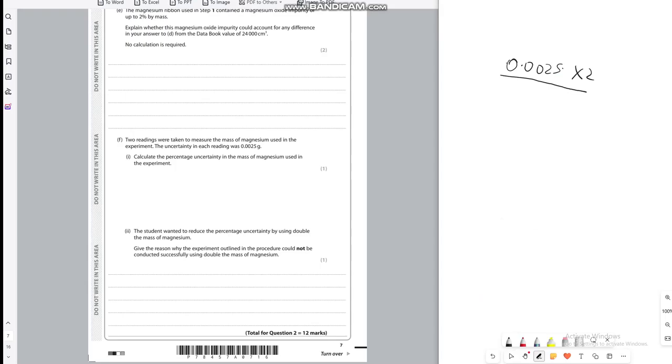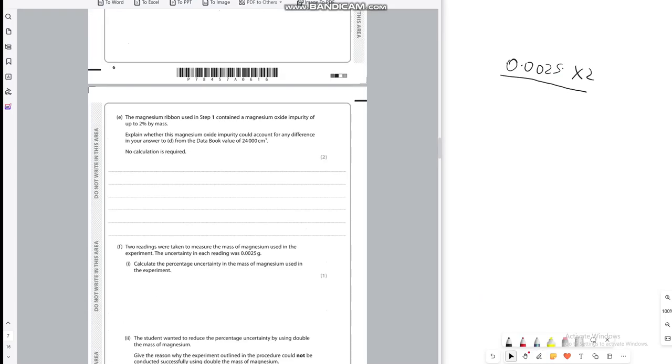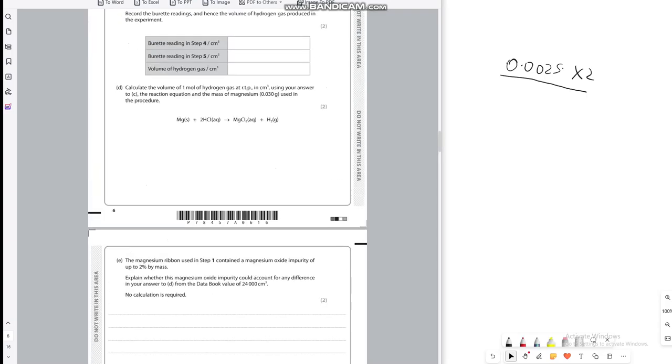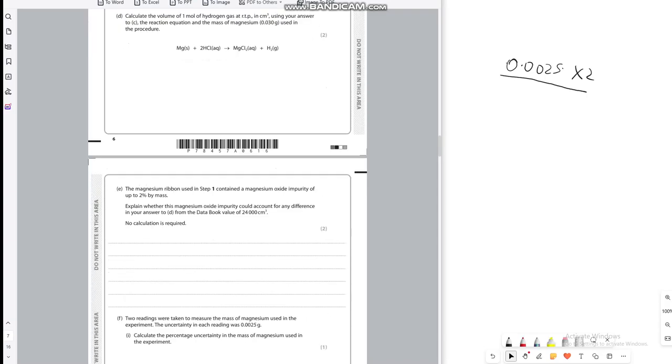The reading is the mass of the magnesium, which was 0.03, multiplied by 100 will give the percentage uncertainty.